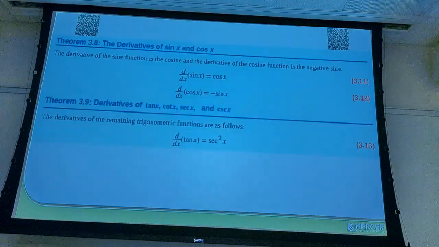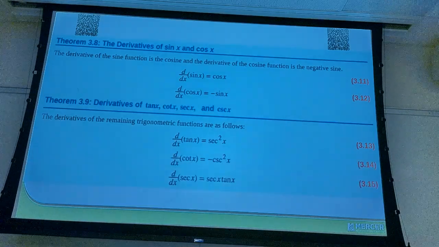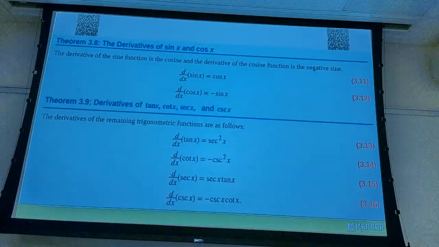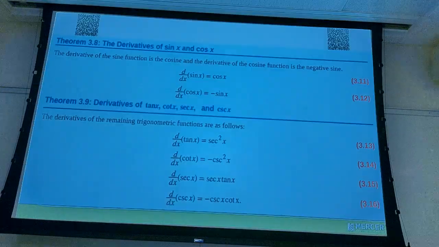You'll find that tangent is secant squared, cotangent is negative cosecant squared, secant is secant tangent, cosecant is negative cosecant cotangent. There you go, all 6 trigonometric functions and their derivatives.